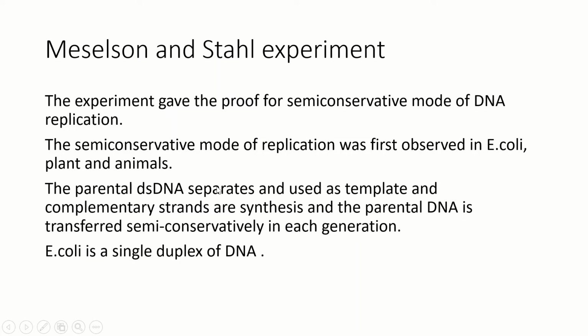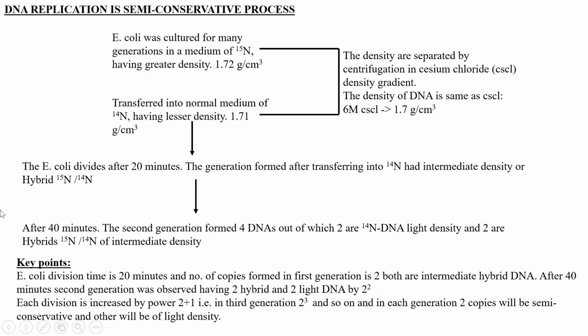So this particular statement you have to remember: the parental double-stranded DNA separates and is used as a template, and the complementary strands are synthesized for each template, and the parental DNA is transferred semi-conservatively in each generation. How they are transferred in each generation, we will see in a while. And E. coli is basically a single duplex of DNA.